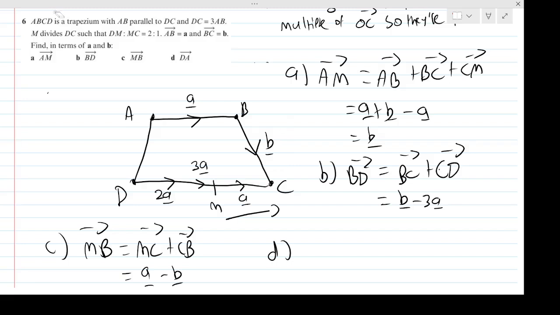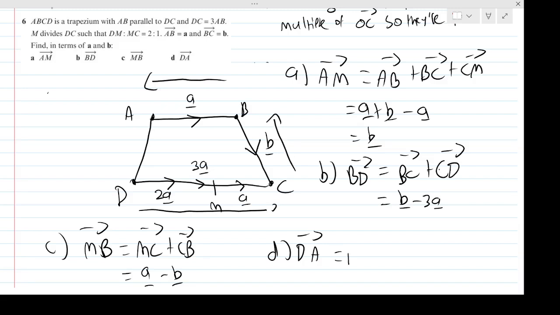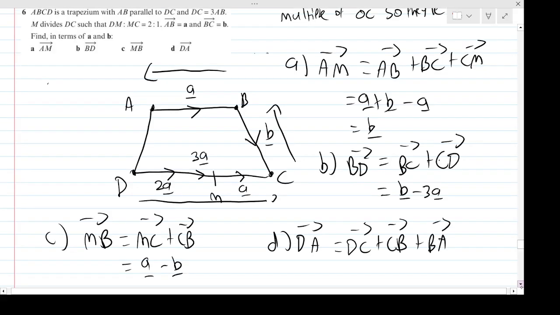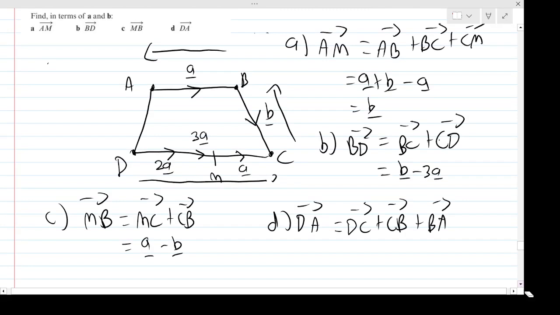Then lastly, I need DA. That's the vector from D to A, but obviously I can't find that directly. Alternatively, I can go from D to C, C to B, and then B to A, and then I end up at A. DC firstly is just 3a.